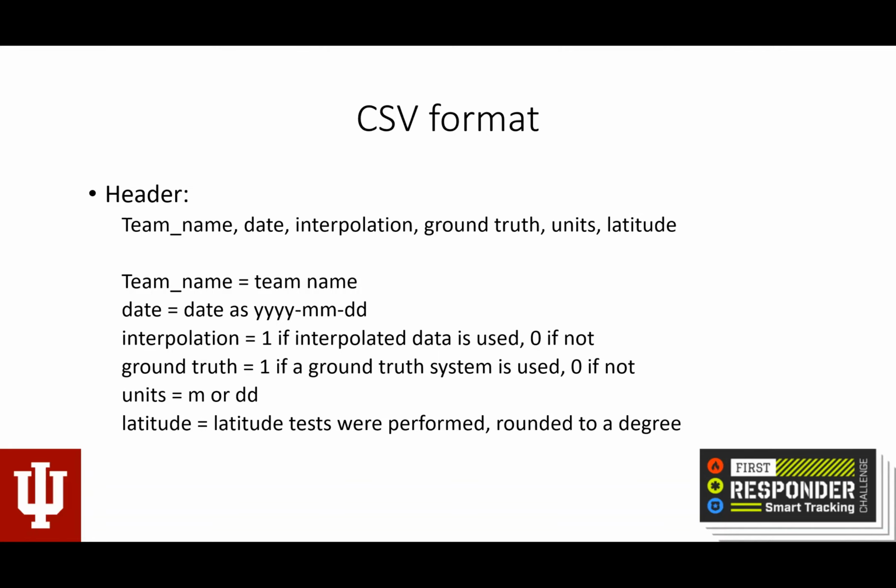If you are using decimal degrees, there's some sort of distortion as you go up or down in latitude. So we ask that you share the latitude at which you conducted these tests so that we're able to convert those and compare accurately. That only has to be rounded to a degree. So very, very broad, it doesn't have to be super specific.